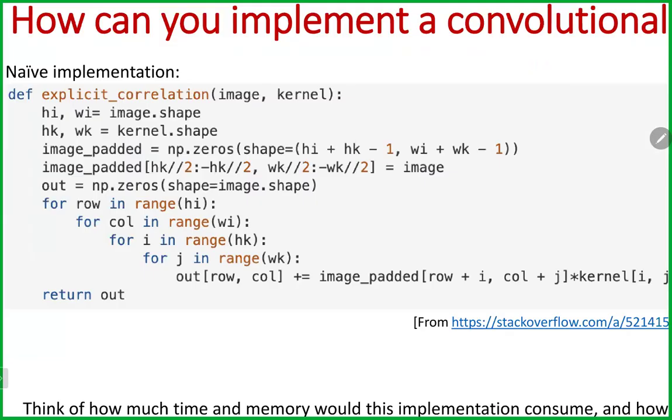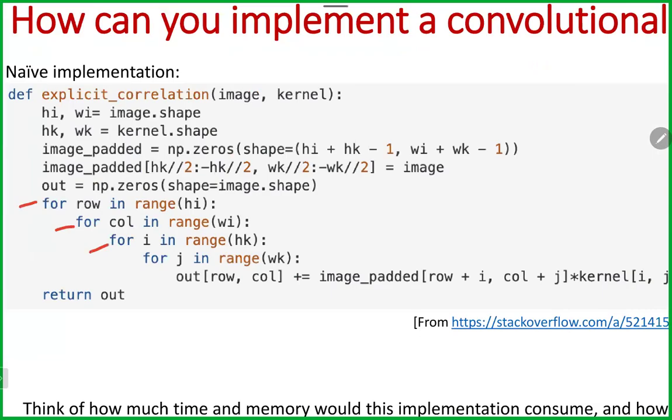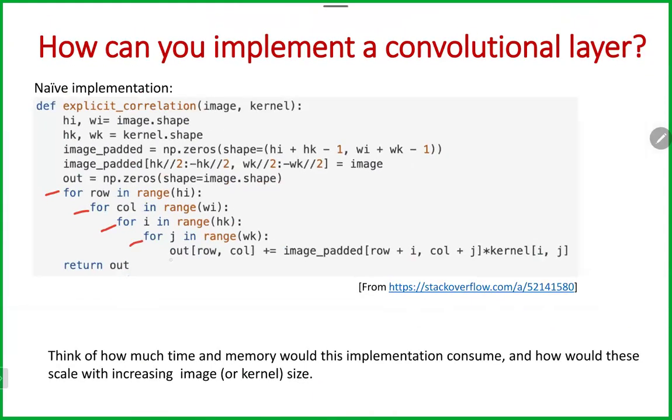The outer loop goes through the rows, this one goes through the columns, and then these go through the rows and columns of the filter, and then you just take a multiplication and record it at output row column.